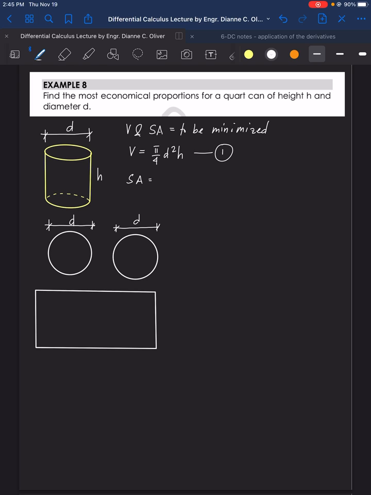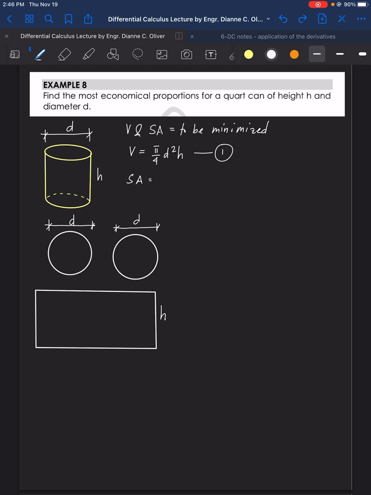Then if we open or cut on the side, just as you peel the label of canned goods, it will reveal a rectangular shape of height h. What will be the length of this rectangle? The length is the circumference of the circle.